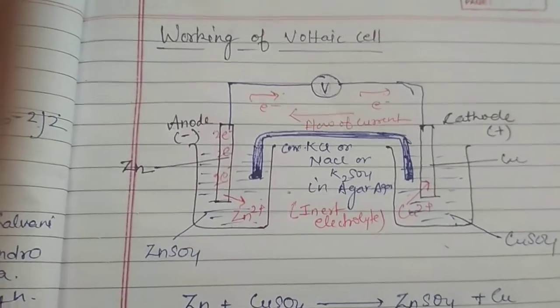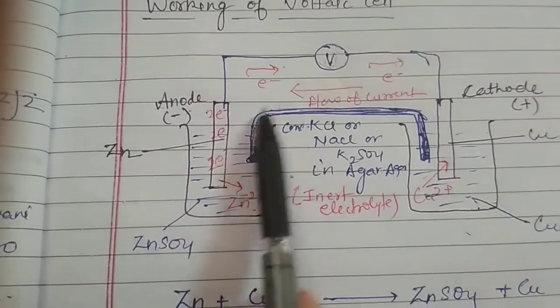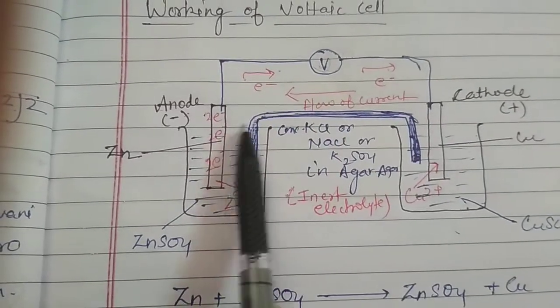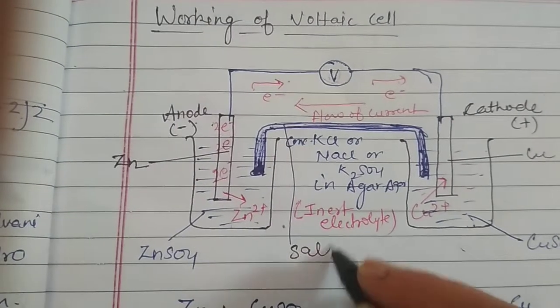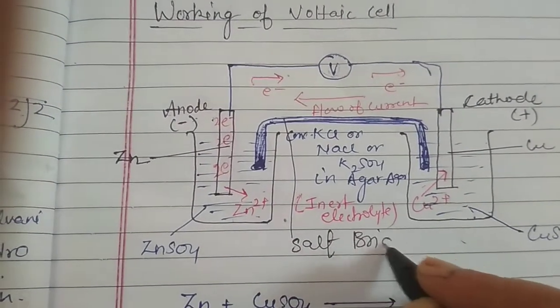Now what will happen? So we are to take the salt bridge here. What is it? It is a salt bridge. You may write here: it is a salt bridge.